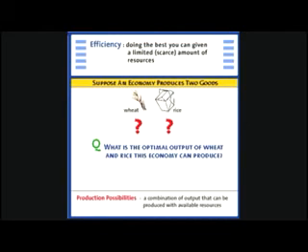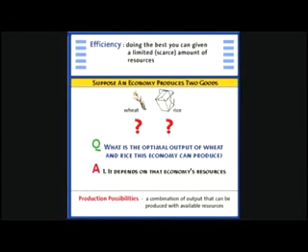The first thing you need to know when you want to describe the production possibilities of an economy is, what is the resource endowment of that economy? How much land, labor, and capital does that economy have to work with? The second thing that you're going to want to know is, what are the capabilities of this economy given these resources?